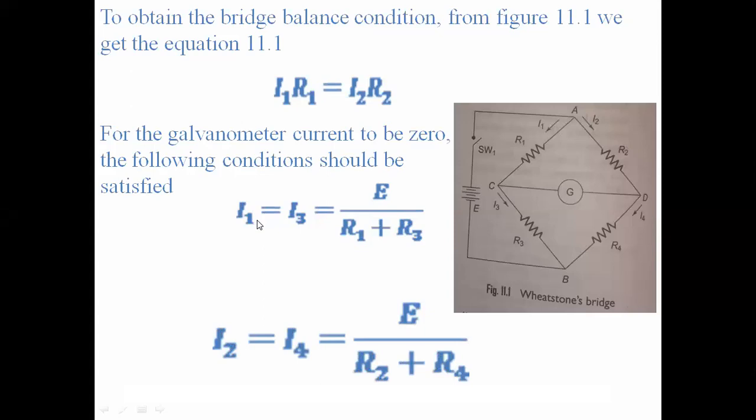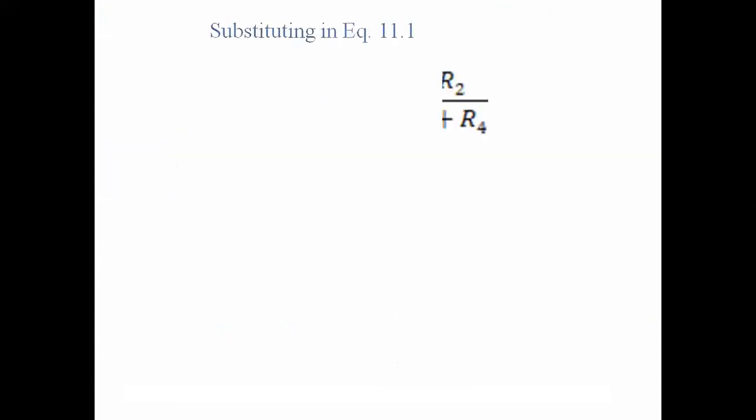Now we can substitute this I1 and I2 in the first equation, I1 R1 is equal to I2 R2. By substituting I1 and I2 in this equation, you will get E into R1 by R1 plus R3, where E by R1 plus R3 is nothing but I1.